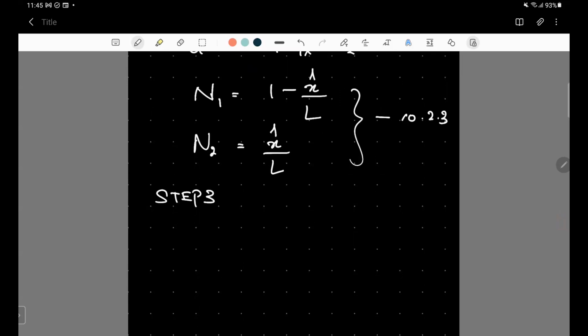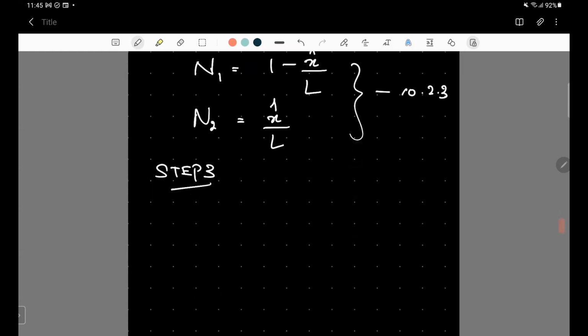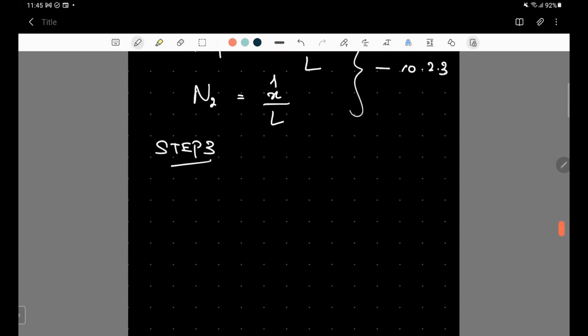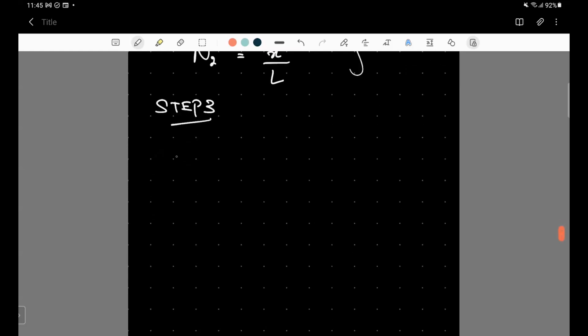Now think about the next step, that is to define the strain displacement and stress strain relationships. I will not write down the details because we have already gone through these steps umpteen number of times. I will simply write down the strain displacement relationship, which is given by the displacement function partially differentiated with the variable.